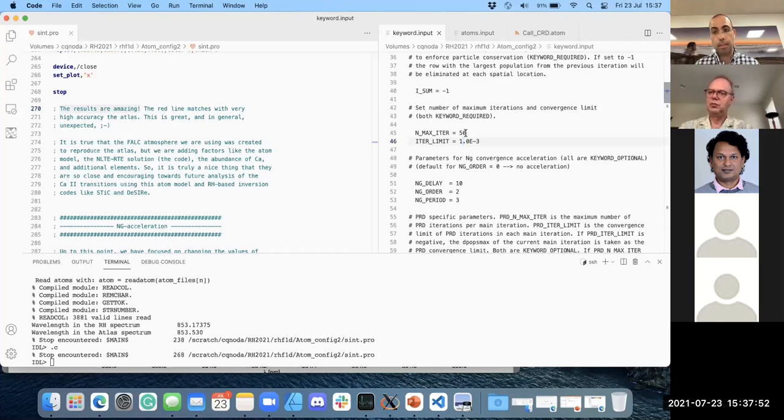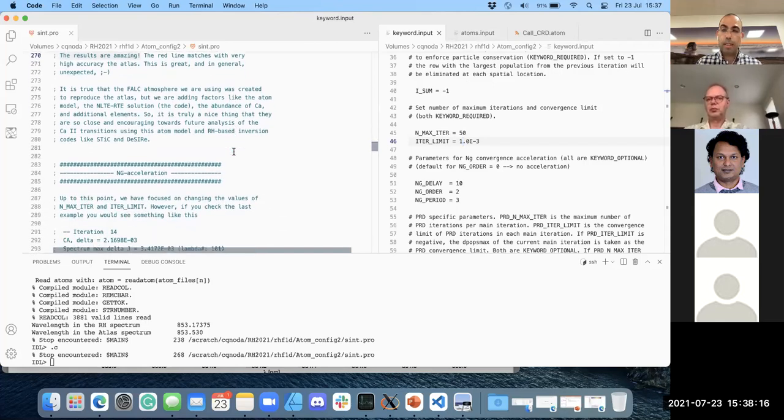And my advice is just do not restrict to a lower value, because adding larger values doesn't mean that the code will be slower, because it probably reaches the convergence limit before reaching the maximum value. But it's important that the value should be high enough. Otherwise, you will not reach the convergence limit, and then the solution will not be good enough. Okay. So is there any question until this point before I move to NG acceleration?